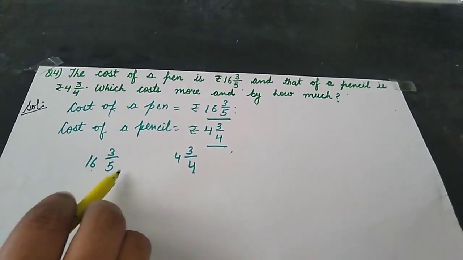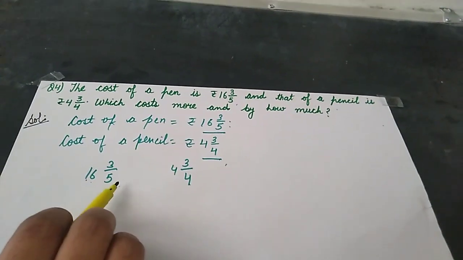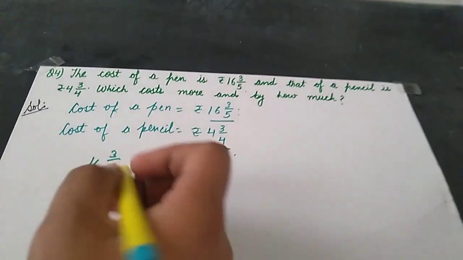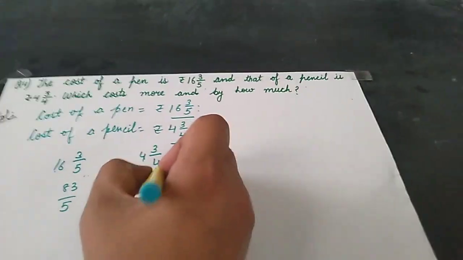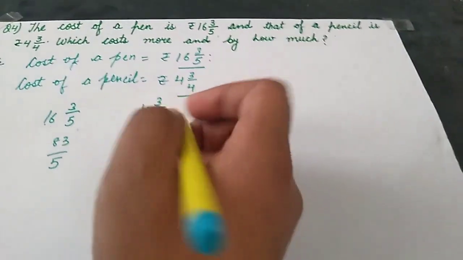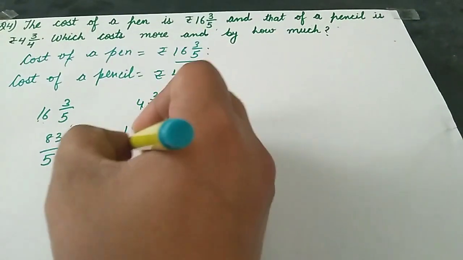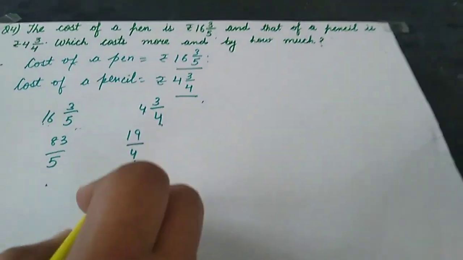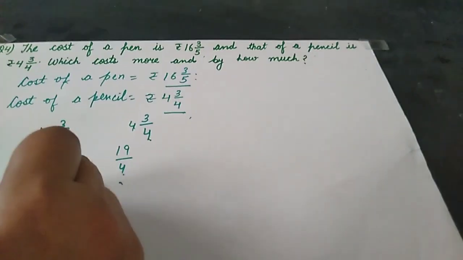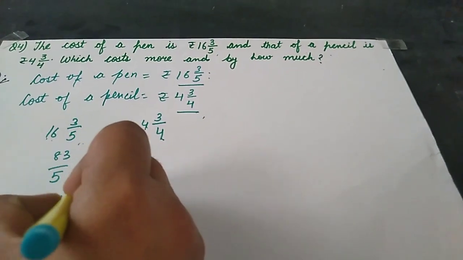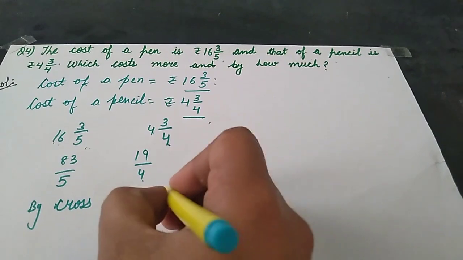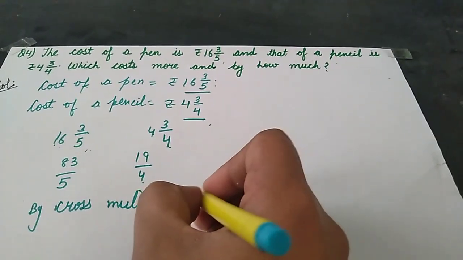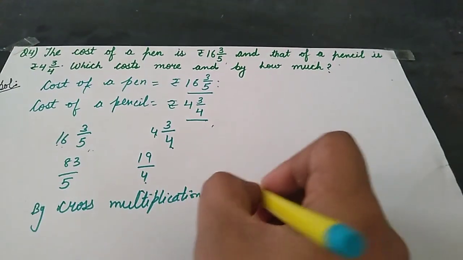Now first convert: 16 times 5 is 80, 80 plus 3 is 83 by 5. 4 times 4 is 16, 16 plus 3 is 19 by 4. How will you compare these two values? By the cross multiplication method.